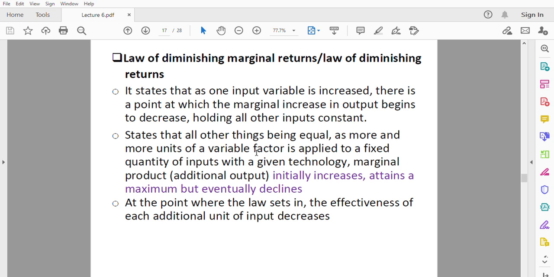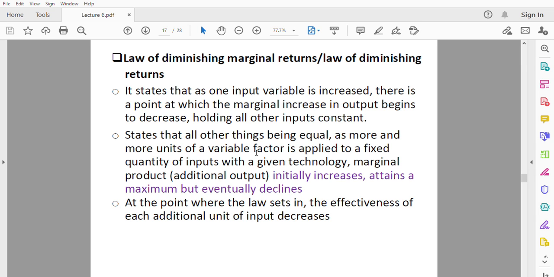But it will get to a point where the addition of the tomato becomes too much for the machine, and so though initially it was increasing, it will get to a point where it might not be able to produce as you expect it to, because the variable input, which is the tomato, has become too much for the fixed input, which is the machine. That is where we say the law of diminishing marginal returns has set in.